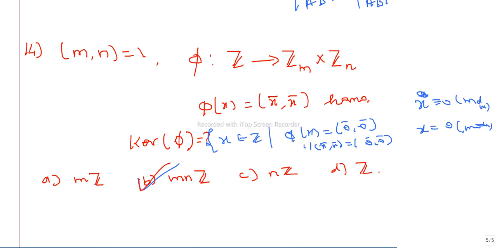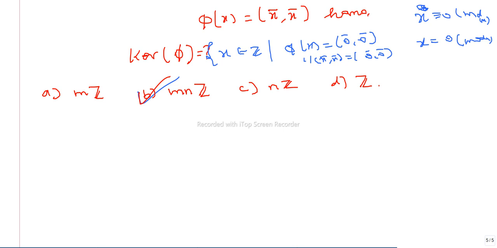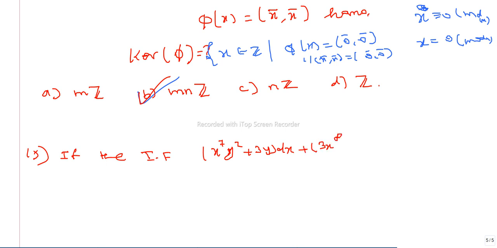Now the next question, the 15th question. If the integrating factor of the equation x power 7 into y square plus 3 times y, into dx, plus 3x power 8 y minus x, into dy equal to 0, is x power m into y power n.